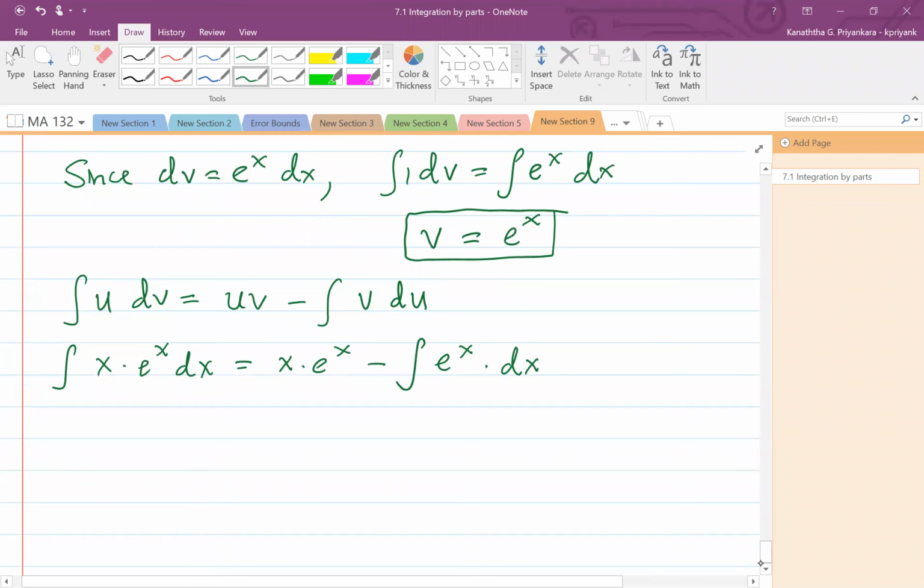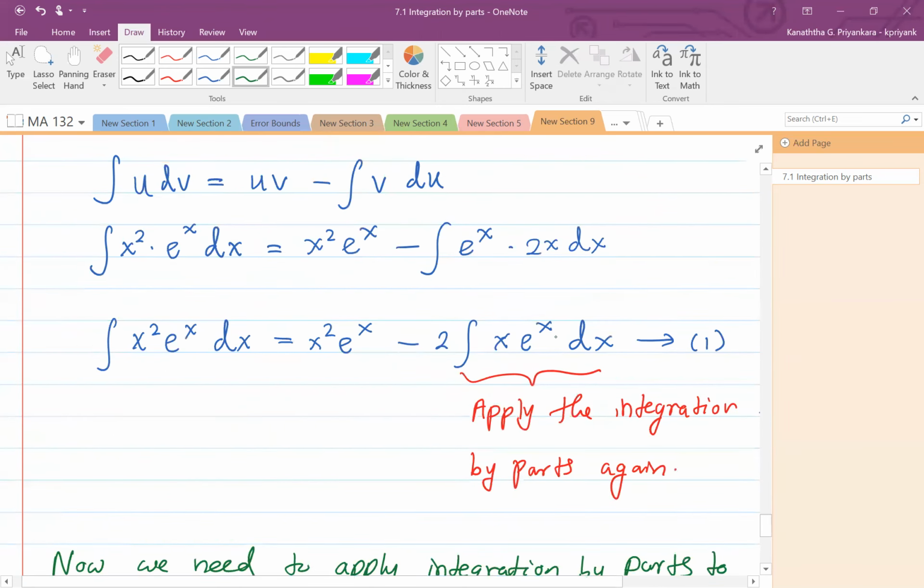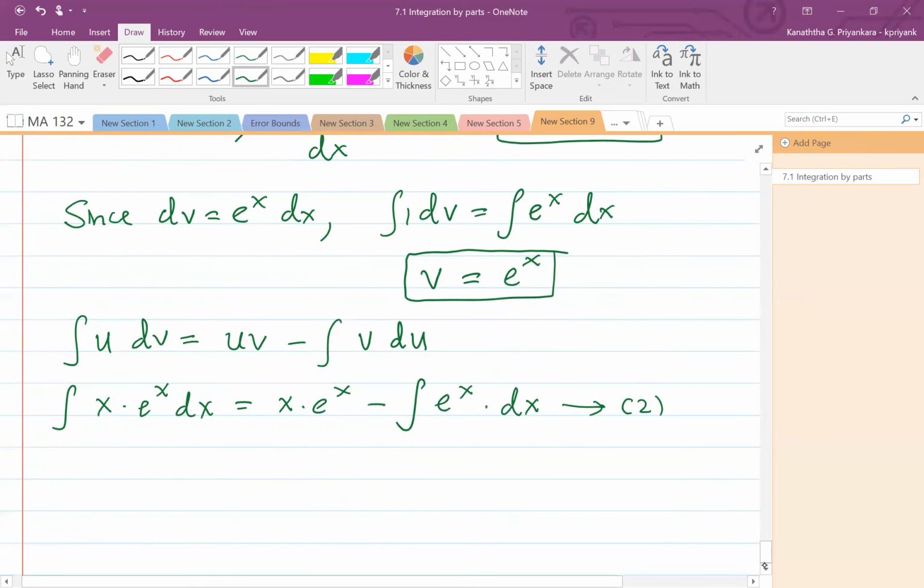Now we can substitute this. So I will take this as 2. So substitute 2 into equation 1.